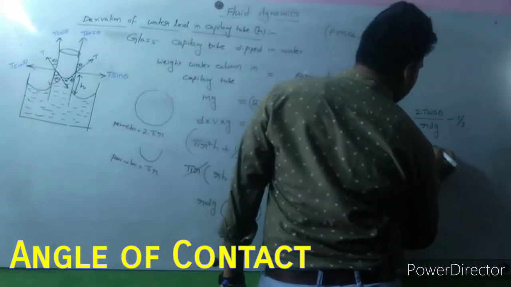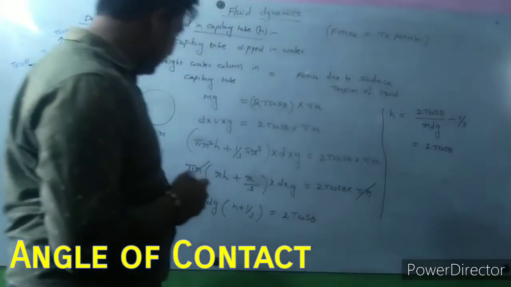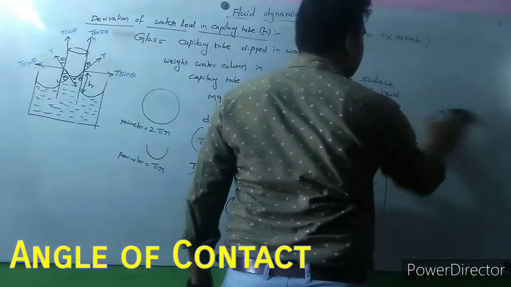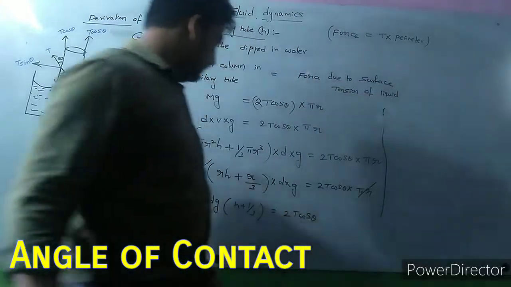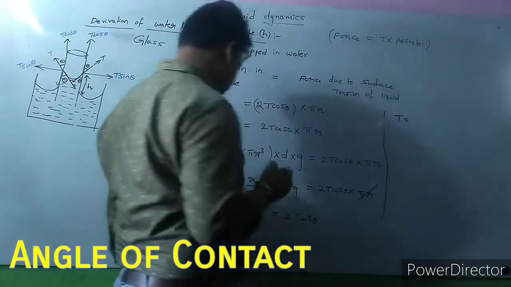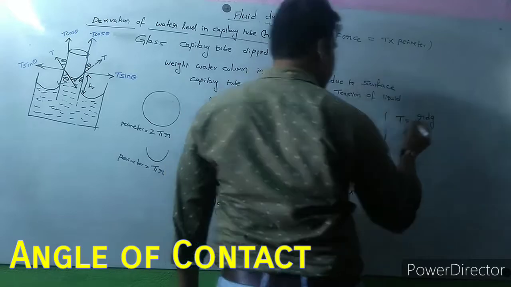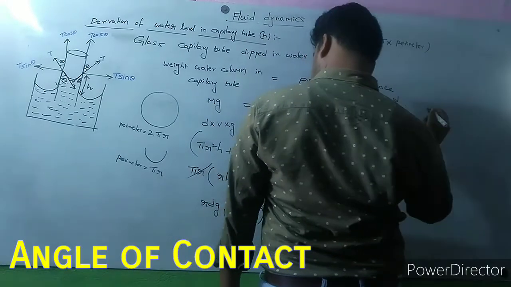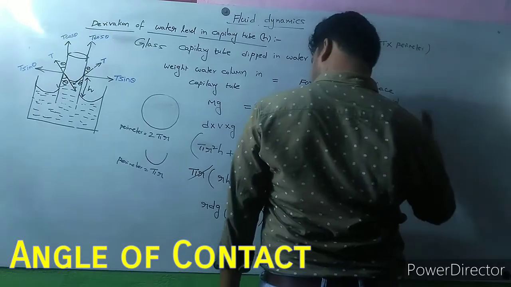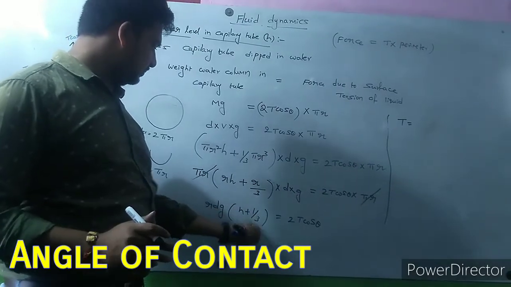So simply we are taking it from this formula. I have calculated the T formula. T is equal to r into d into g, r taken out, h plus 1 by 3.